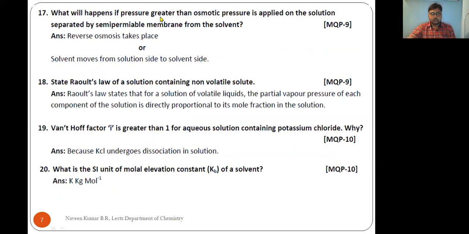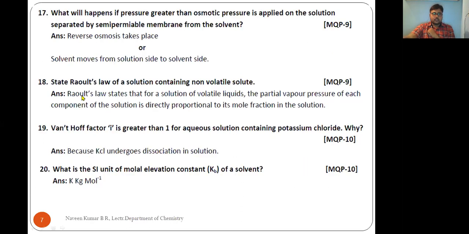If osmotic pressure is there, then it prevents the entry of solvent from the solvent side to the solution side. Suppose you apply pressure greater than osmotic pressure on the solution, the solvent in the solution will move out of the solution. That is what reverse osmosis is. The answer is reverse osmosis takes place, or solvent moves from the solution side to the solvent side.